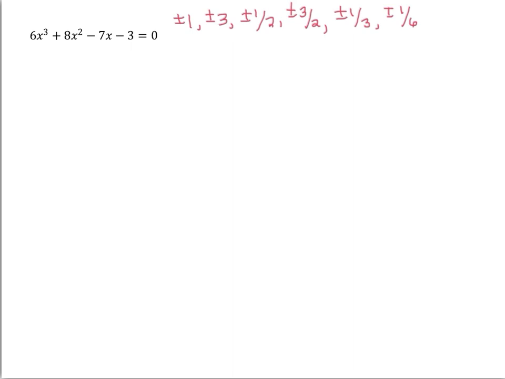So here's our next problem with the list of possible rational roots. And again, we're going to just systematically go through our synthetic division until we find something that works.